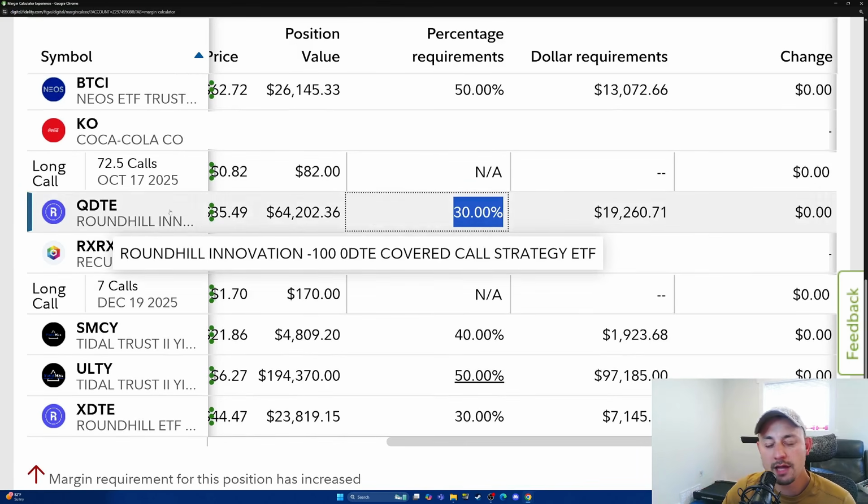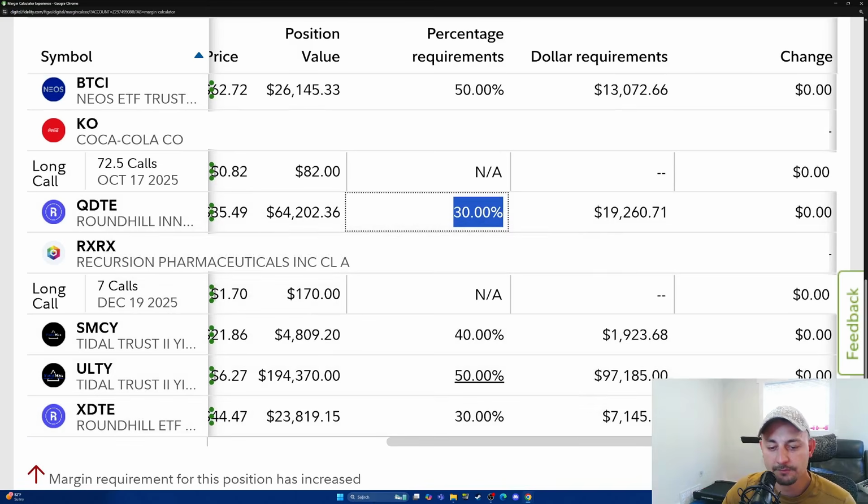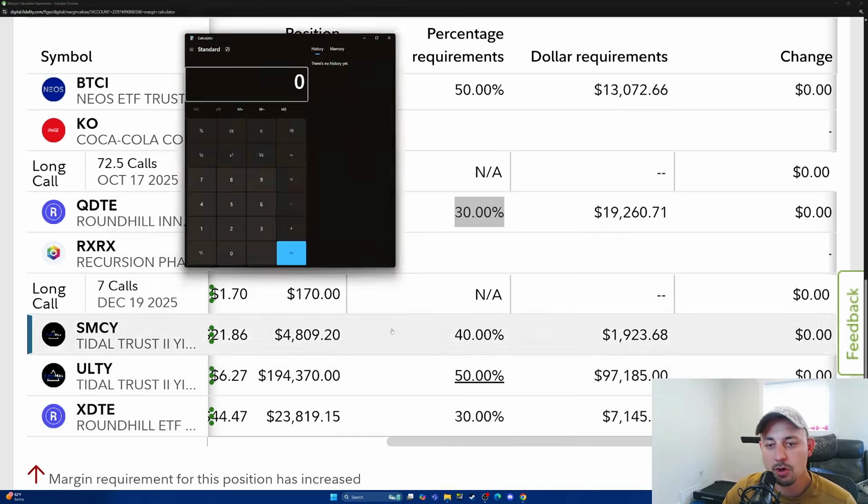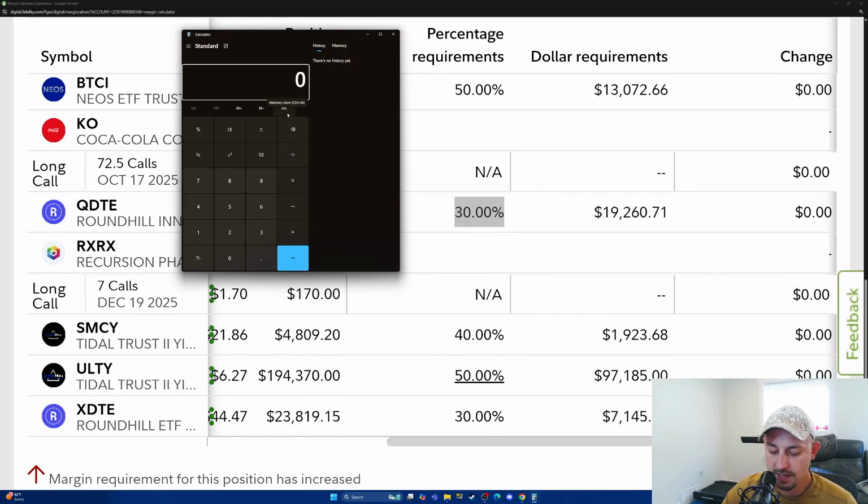If all I had was QDT in here, and let's say I had $100,000 of my own money in it, the broker is saying that I can borrow the 70% portion of it. So if we divide that by 0.3, that would be 333.